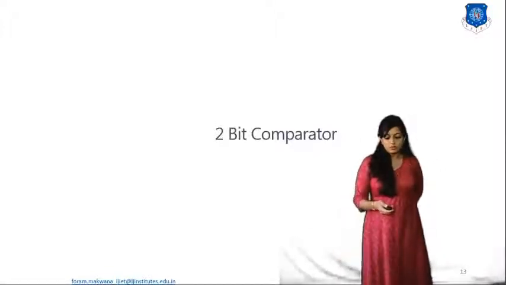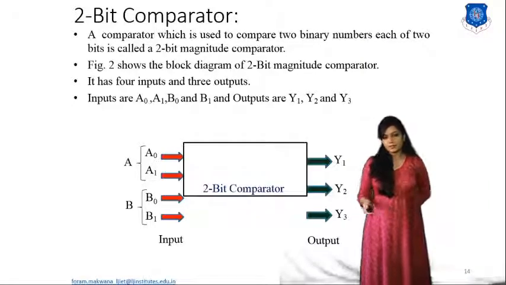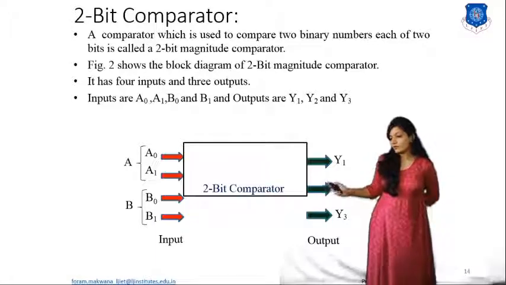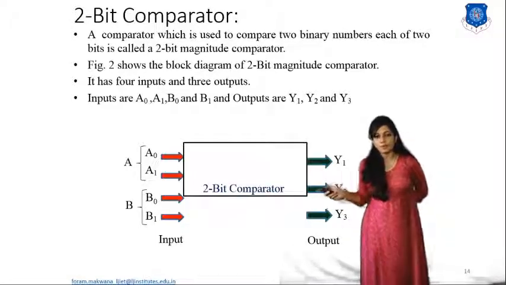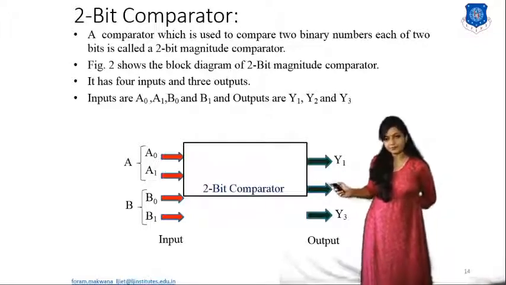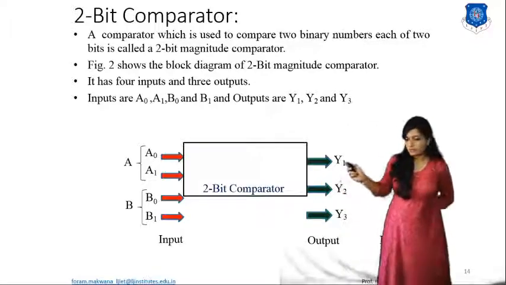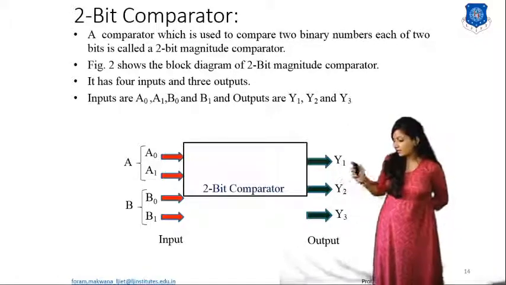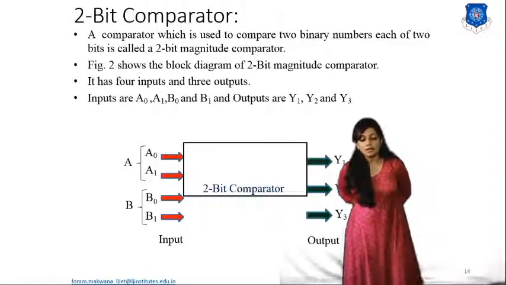Then we are going to apply a 2-bit comparator. So 2 bits of A and 2 bits of B are going to be compared with the help of the 2-bit comparator, which again has the same outputs Y1, Y2, Y3 as we have discussed for the single-bit comparator.